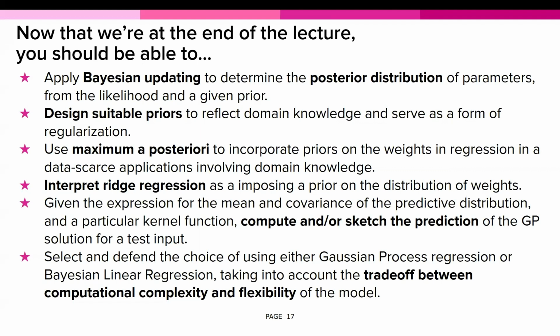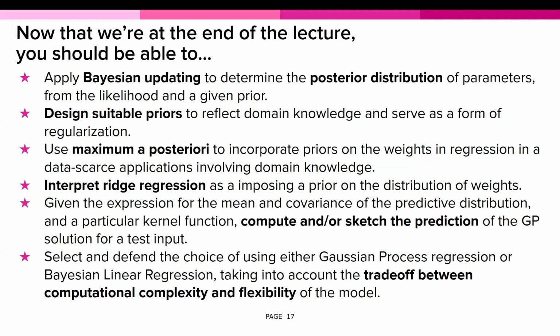We looked at that for a beta distribution and then also for a linear regression model. We also talked about how to design suitable priors for Gaussian models that could reflect domain knowledge and serve as a form of regularization.